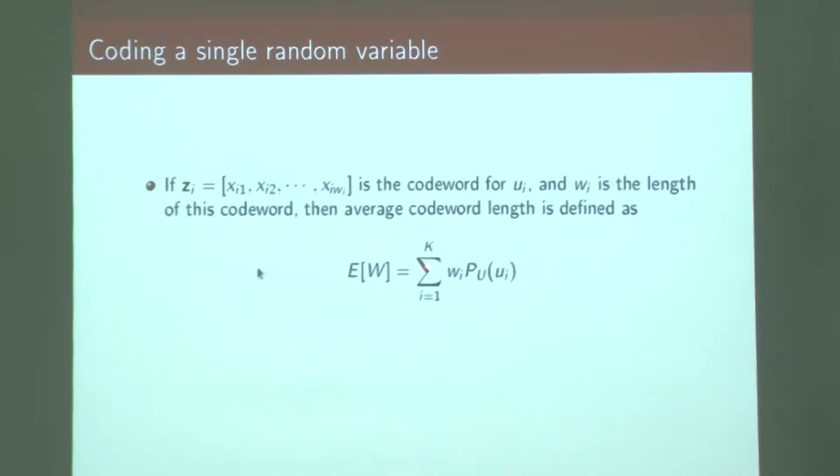Now, as I said, z_i is a code word for u_i, and my code word length w_i is variable. So, how do I define the average code word length?